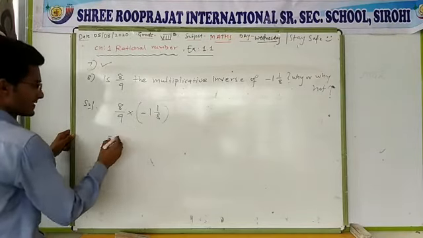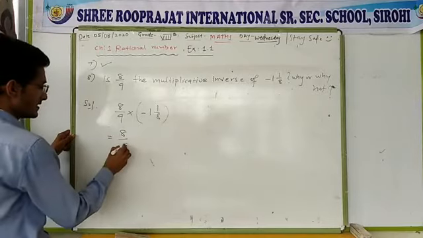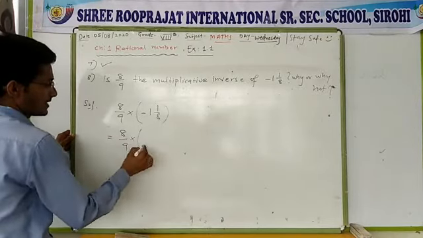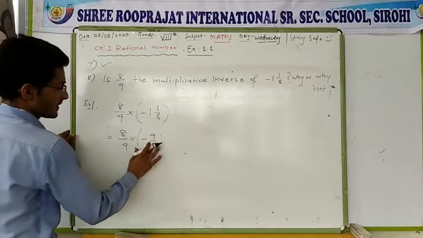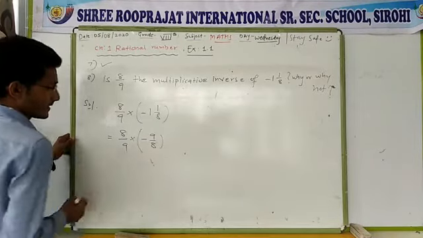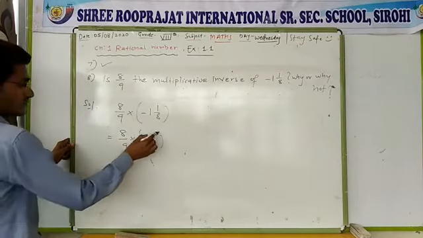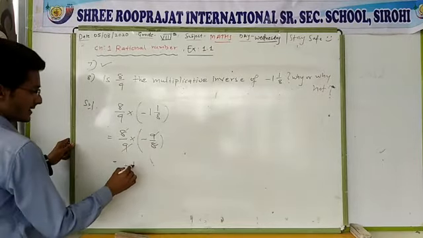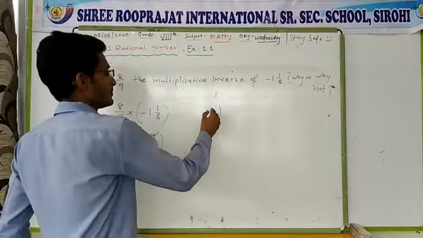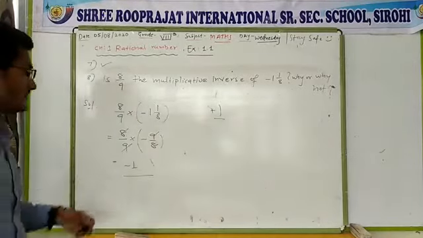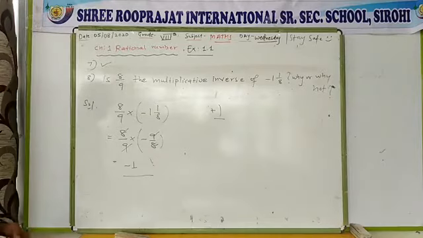You will change the mixed rational number: 8 times 1 is 8, plus 1 is 9, so you will get 9 by 8. So 9 to 9, 8 to 8, but you are getting a minus 1, not a 1. We need a 1 in positive, but we are getting a minus 1. So that is not a multiplicative inverse.